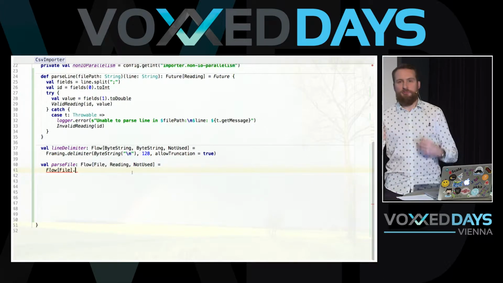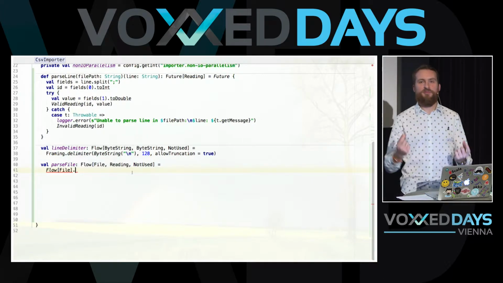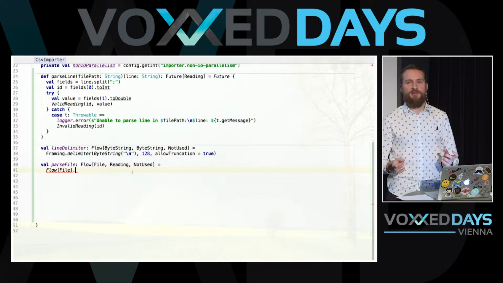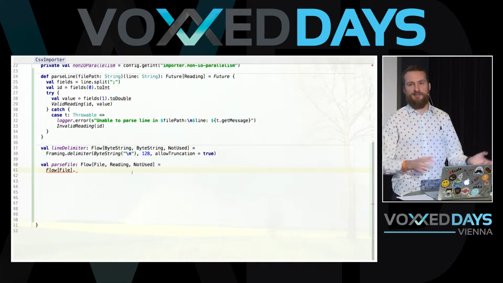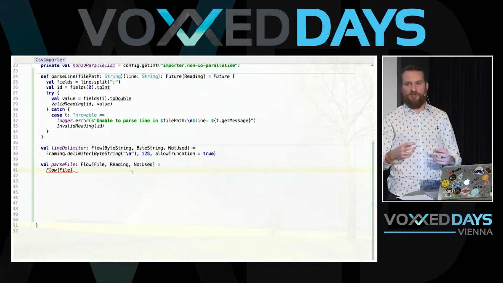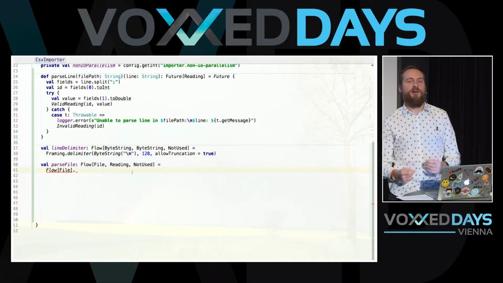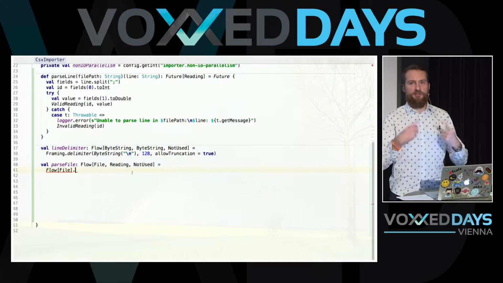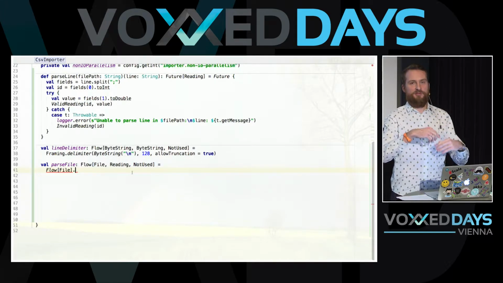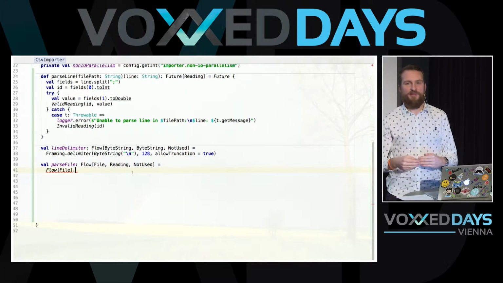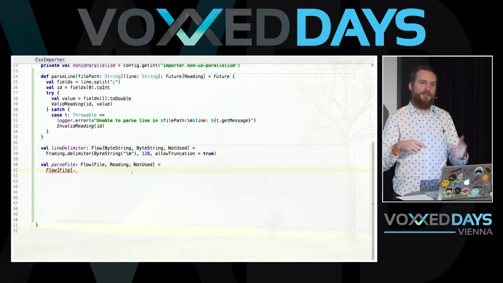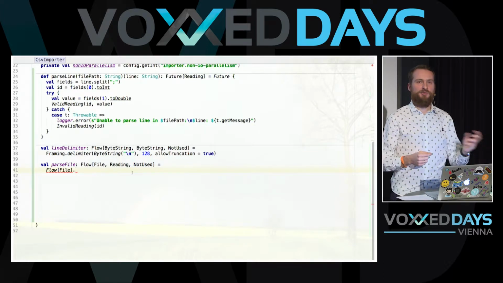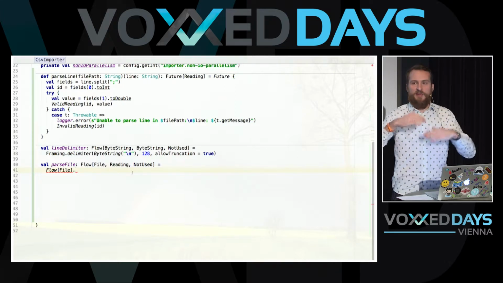When we take our files, we want to stream them, so we want to treat every file as a source of byte strings. A source in terms of Akka Streams is a producer of byte strings. So in the parse file stage, for every file we want to convert it to a source of byte strings, and then we'll do the actual parsing, and then we want to flatten all the sources.